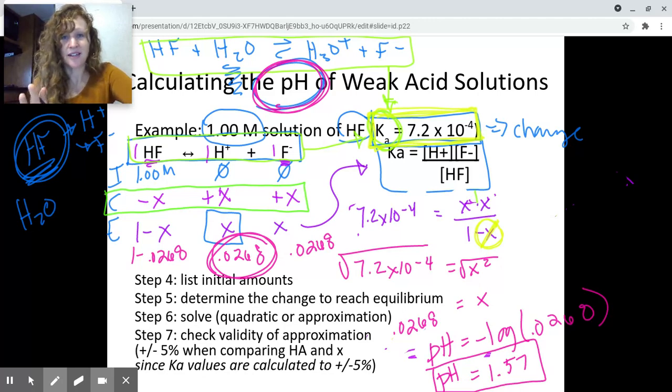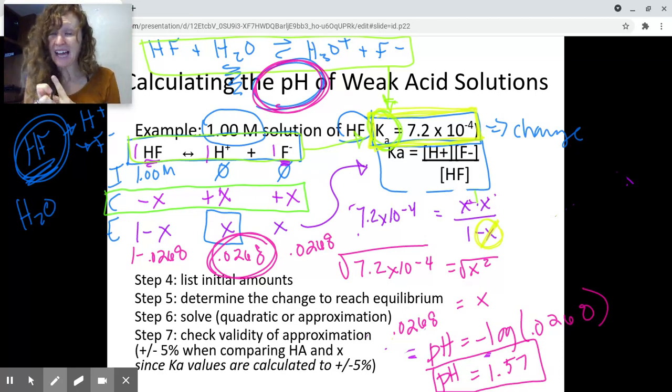Notice the context and kind of learn what's reasonable and what's not. So we had a weak acid solution. Our Ka was small, but not extraordinarily small, right? On the order of 10 to the negative fourth. We had a 1 molar solution, so our concentration is low, but not extraordinarily low, right?